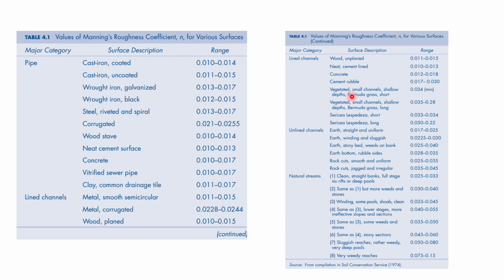And if you have unlined channels, something vegetated like Bermuda grass, or other types of grass, then you can have a different Manning coefficient. You are going to use these values when you solve the problems later.